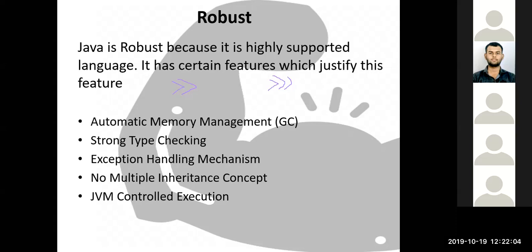Java doesn't allow you to write anything in any format. In C, we do not have strong type checking, whereas in Java we have strong type checking. With the help of the latest Java APIs or implementations, we have strong type checking.